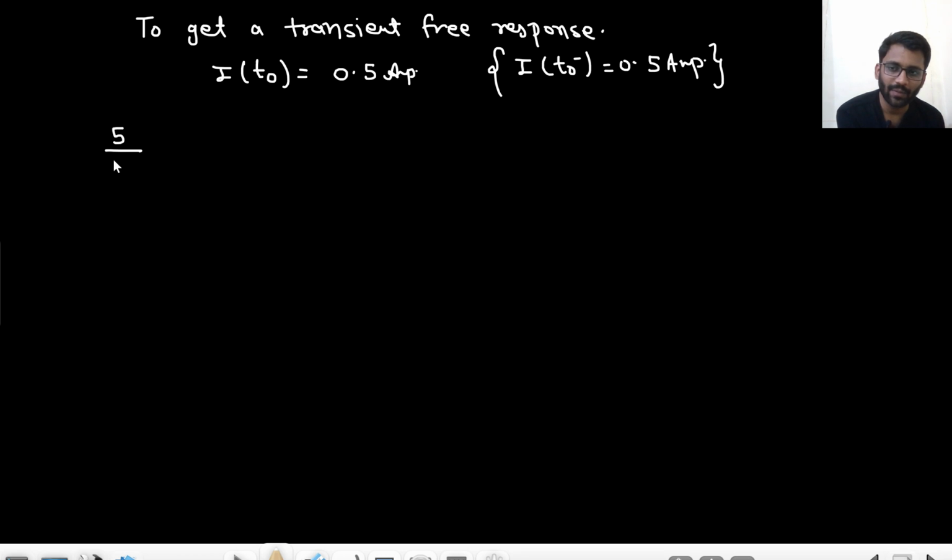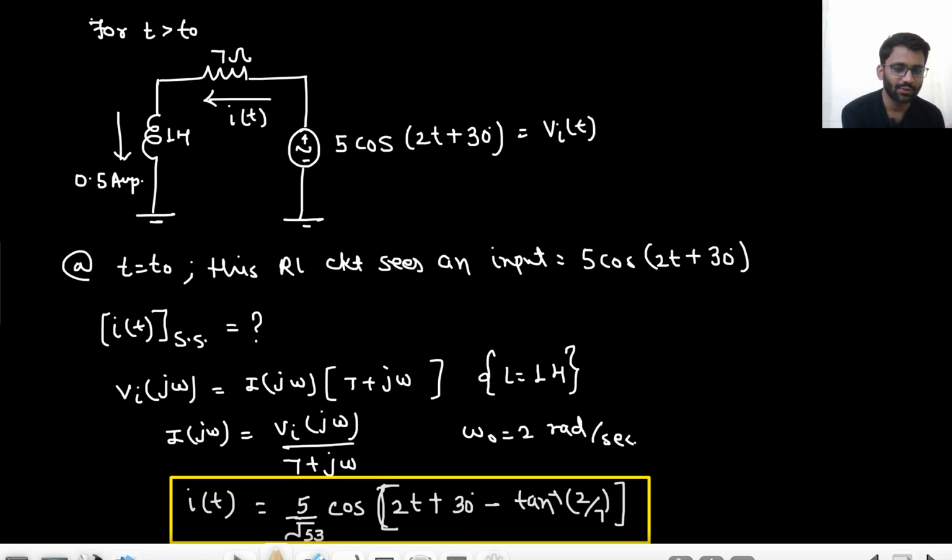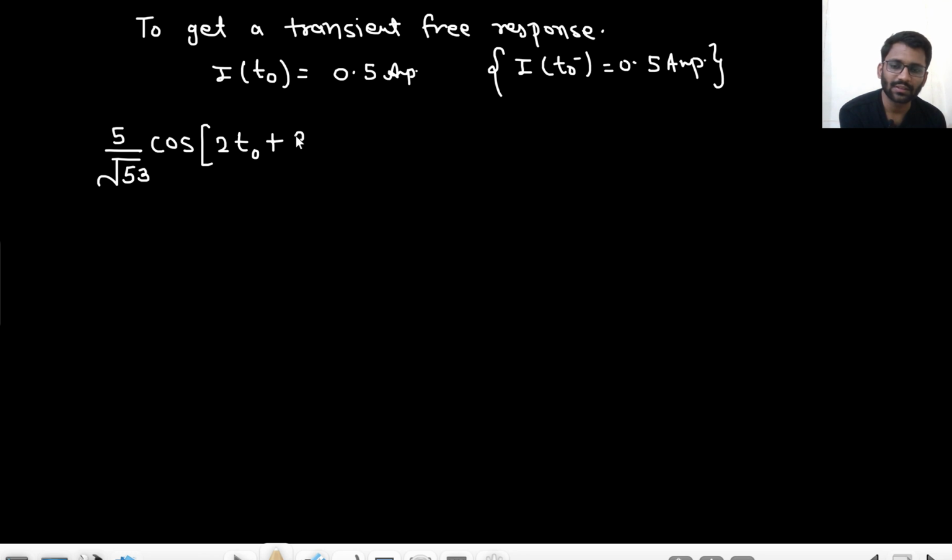Okay. So 5 by root 53 cos 2t minus 30 degree. Actually at t equals to t naught, this value should be 2t naught plus 30 degree minus tan inverse 2 by 7.